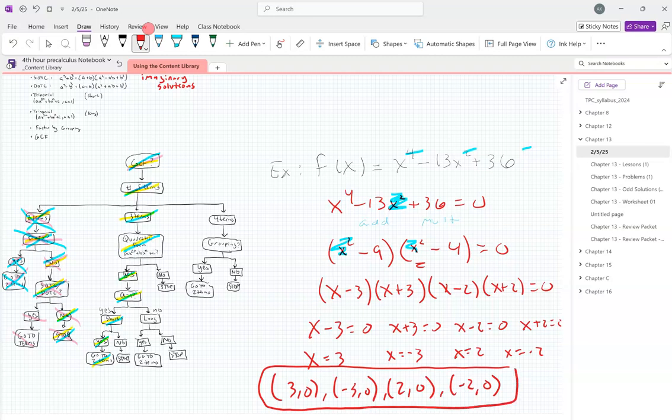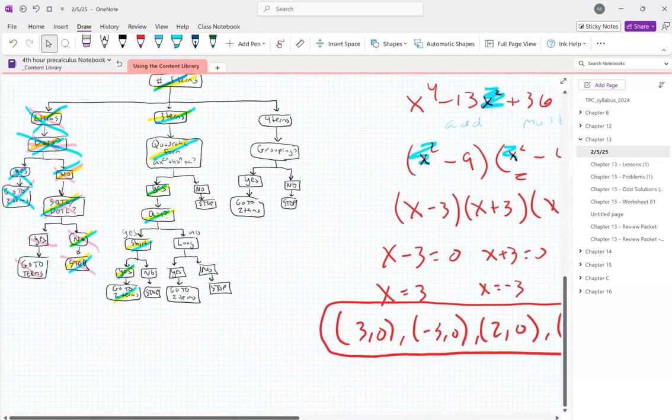So those are my x-intercepts, or my zeros. How do you feel there? Okay.